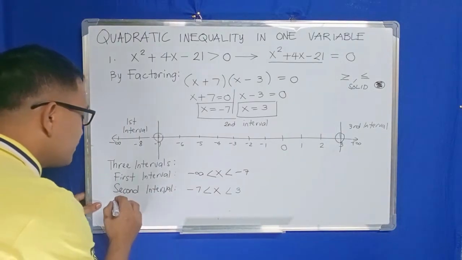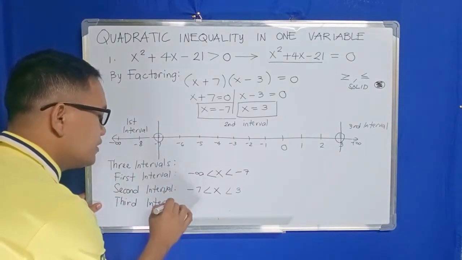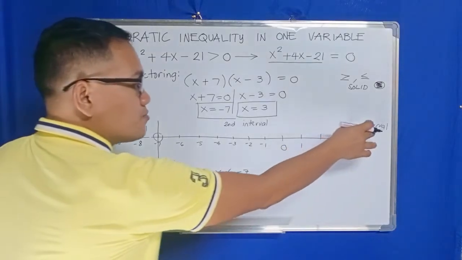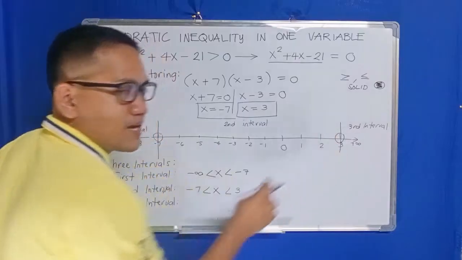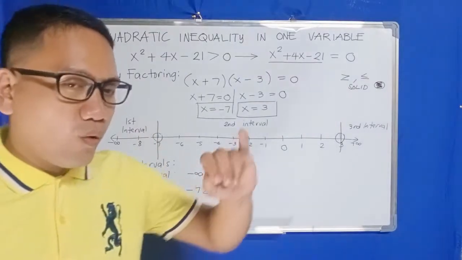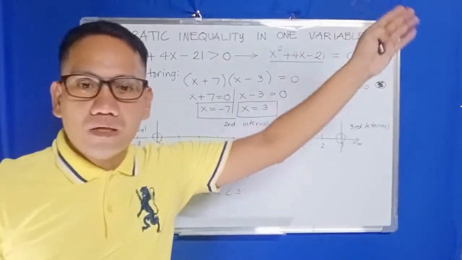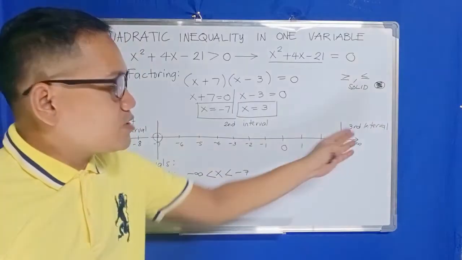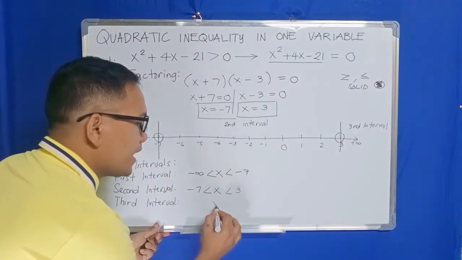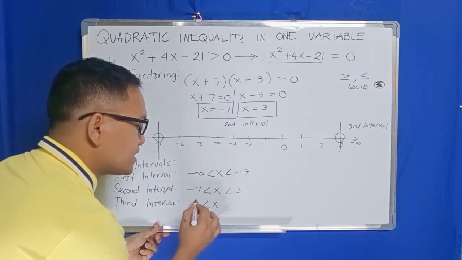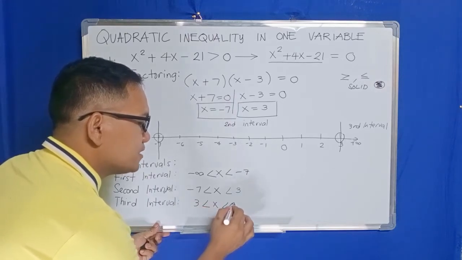Third, for our third interval, this is the region that is composed of points or solutions between positive 3 and positive infinity. This includes 4, 5, 6, 100, million, numbers that are considered positive. So our third compound inequality will be x is greater than positive 3 but less than positive infinity.